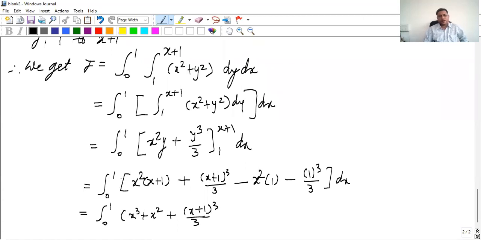Okay. Then we can have minus. So here we got, if I multiply this, then what you can have? x cube plus x square plus x plus 1 bracket cube by 3, minus x square and minus 1 by 3. And still we have to integrate it with respect to x.